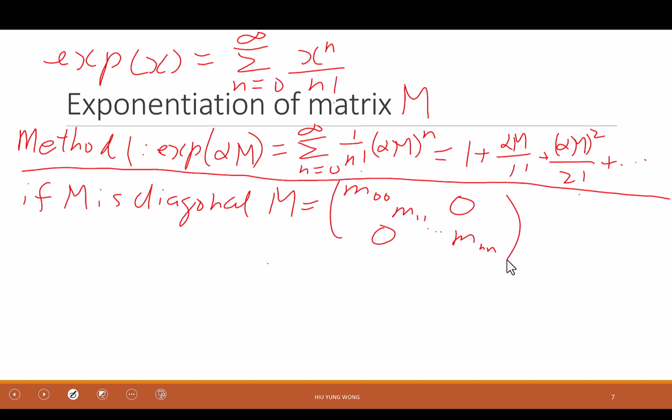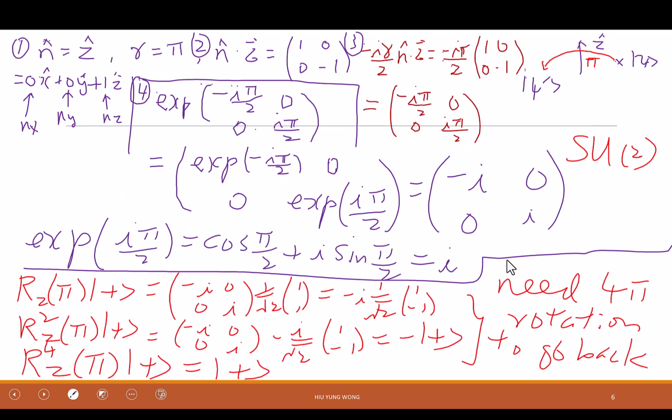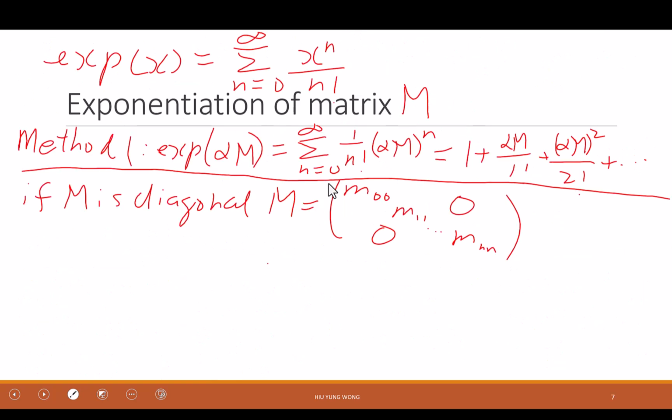It's diagonal. And that is what I just showed you. Just now when I did this Z matrix, I did not do the Taylor series, right? What did I do? I just directly did the exponentiation. But now I want to show you why it is valid, because it's a good way to practice.